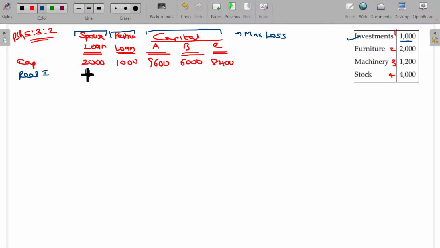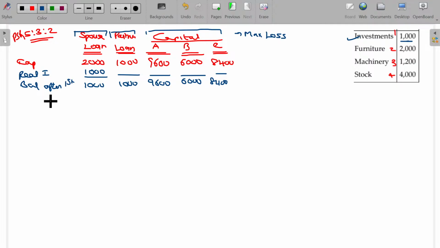This 1,000 is first used to pay the spouse loan. After this, the balance payable is 1,000, and 9,600, 6,000, and 8,400. Balance after first realization.